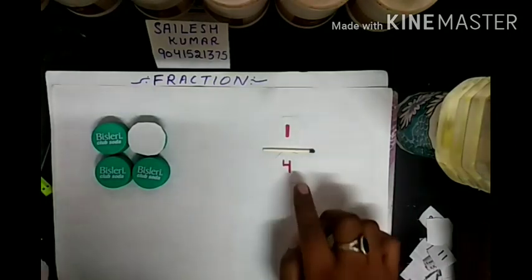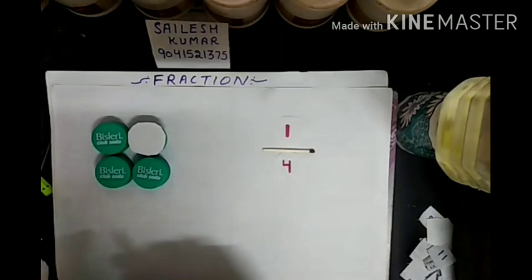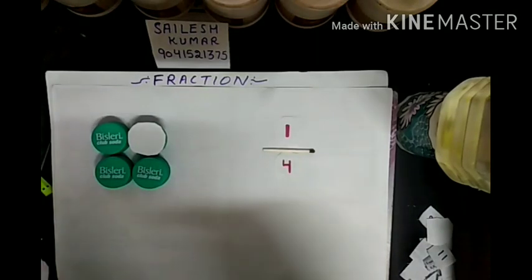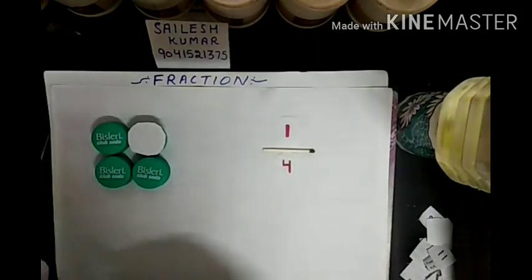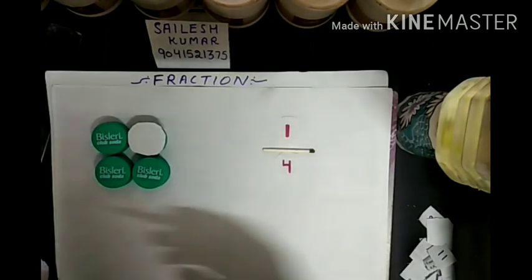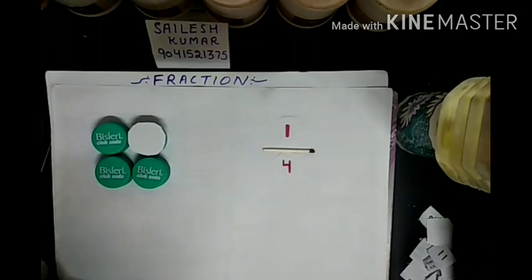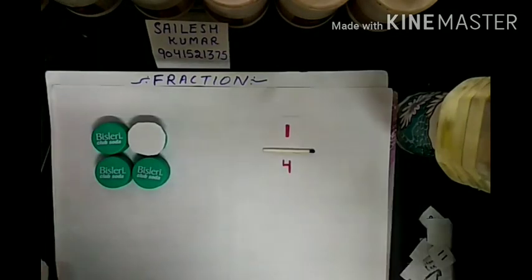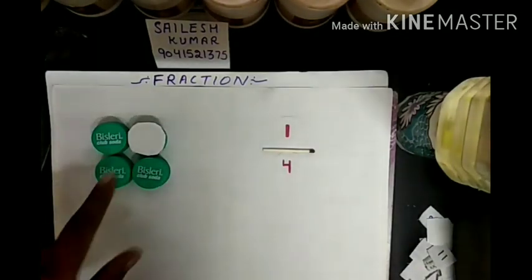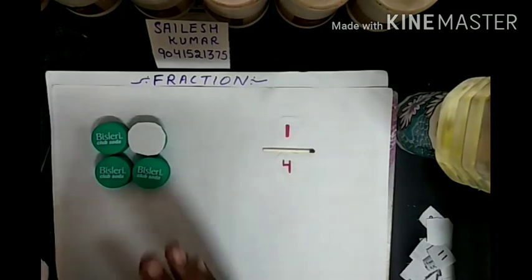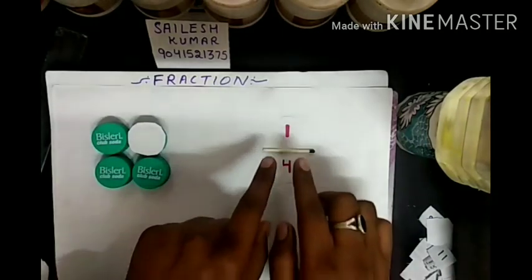In the denominator we will write the complete parts, and in the numerator we will take that part which is under consideration. So for this shading activity, my fraction is 1/4.